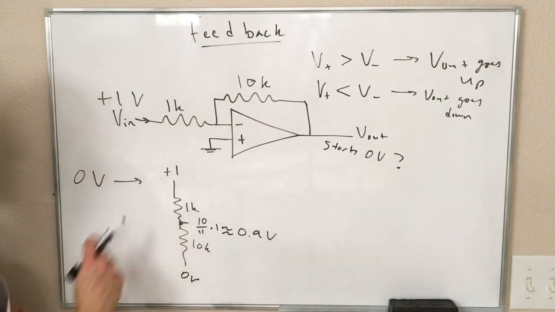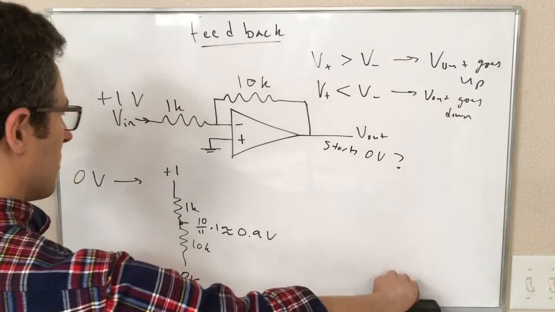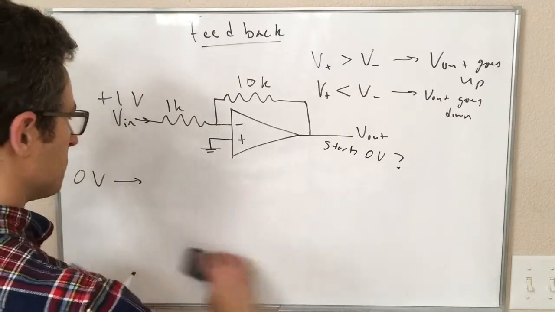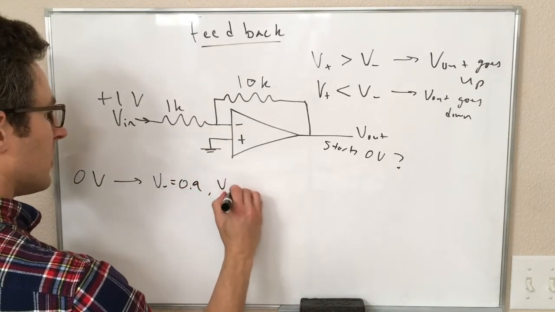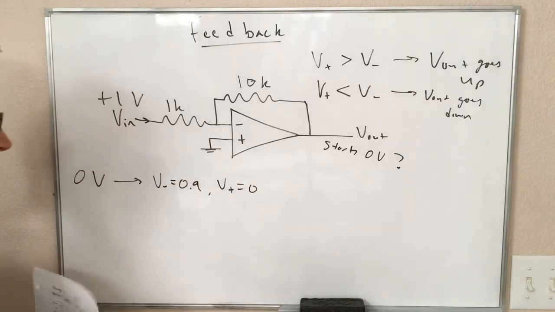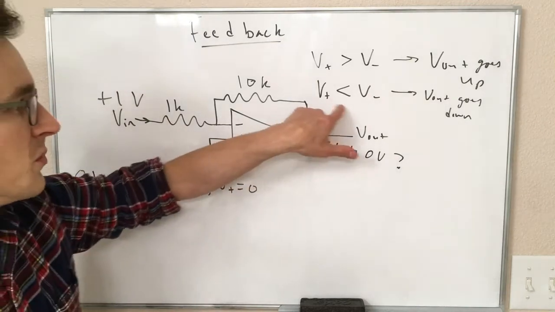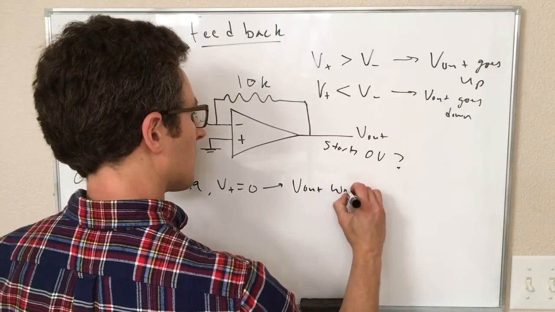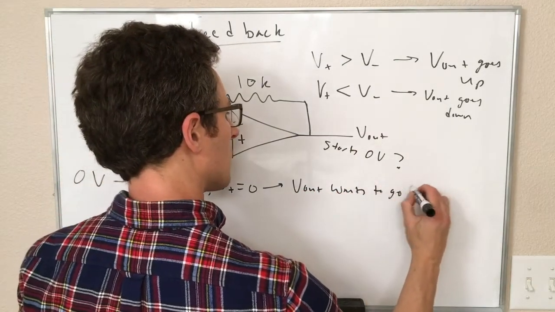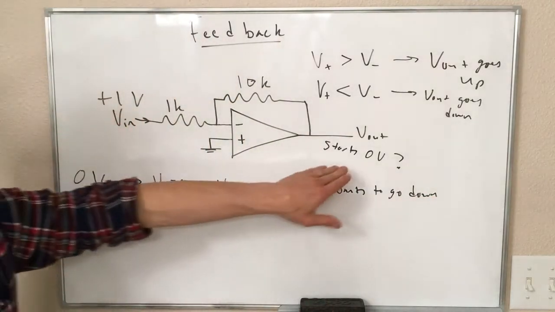Okay, so 0 volts gives us V minus of 0.9, and V plus is still equal to 0 because it's always equal to 0. So V minus is greater than V plus, which means V out wants to go down.